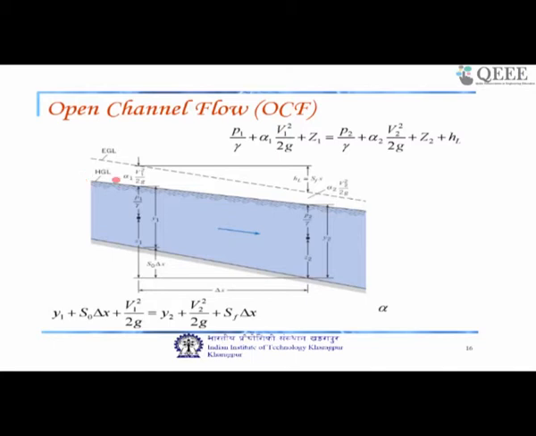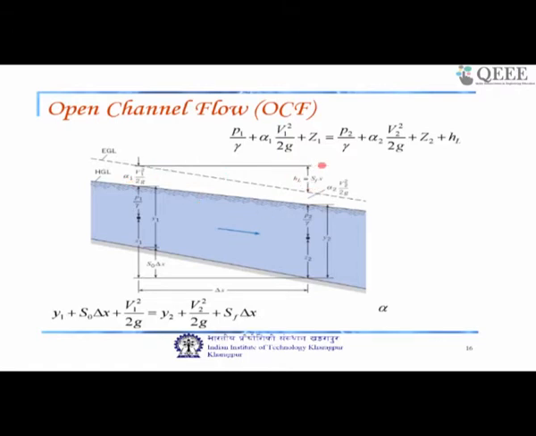So, HGL is the hydraulic gradient line which corresponds to the piezometric head. Piezometric head means pressure head plus elevation head, and the energy gradient line is the total energy line. So, the total energy line here will be with the elevation head, pressure head and velocity head.